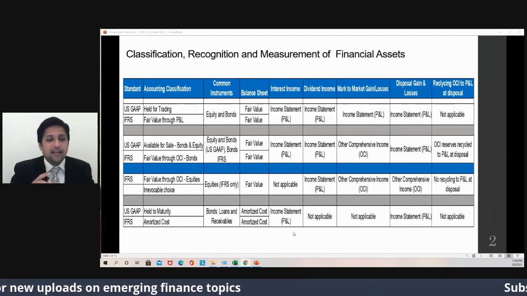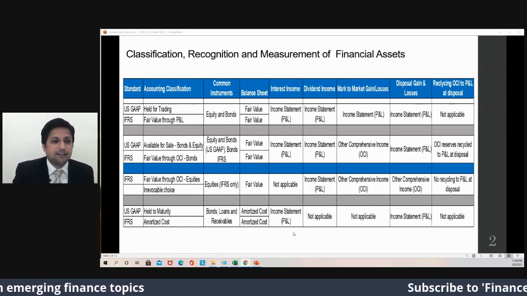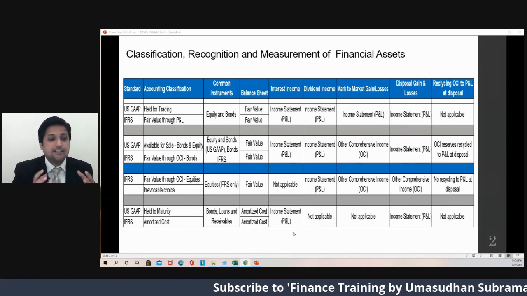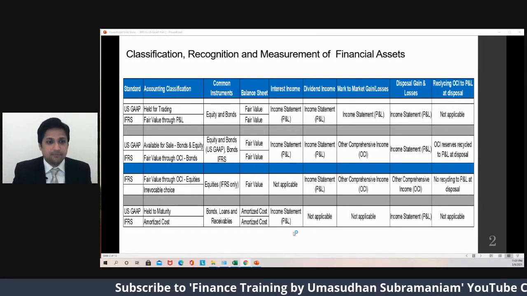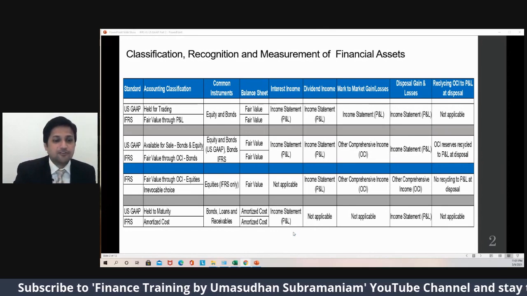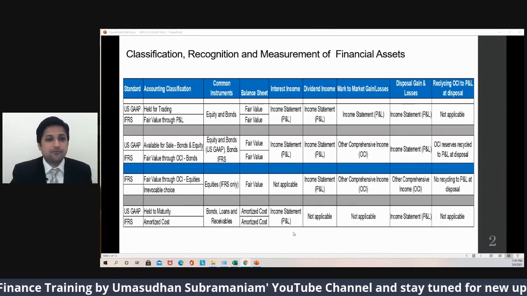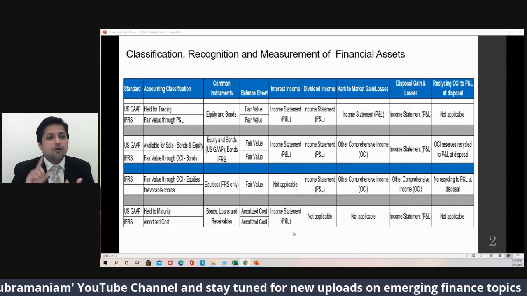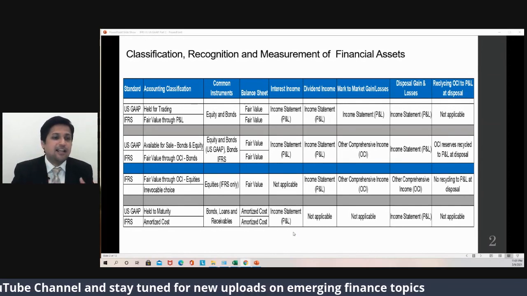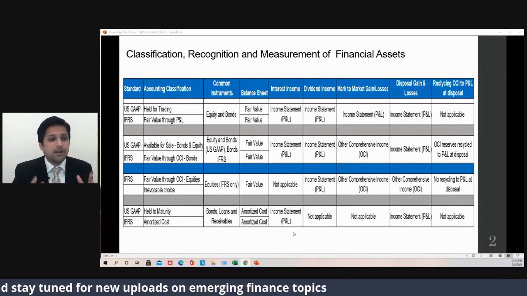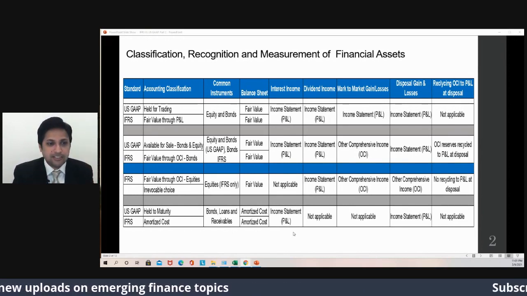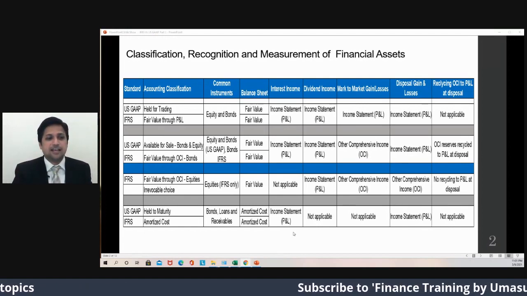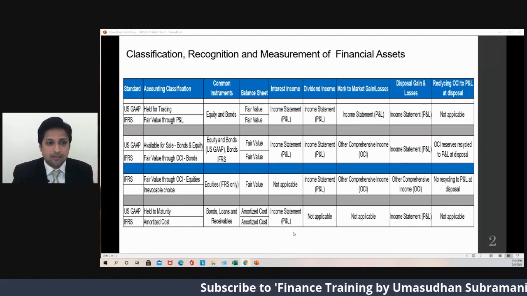We are going to look at, under each category of these financial assets, how US GAAP and IFRS differ from each other. Let's start talking about held for trading, which is known as fair value through P&L in IFRS. These are equity or bond investments which are held by an organization primarily for short-term profit taking. At initial measurement, all types of financial assets are measured at cost.